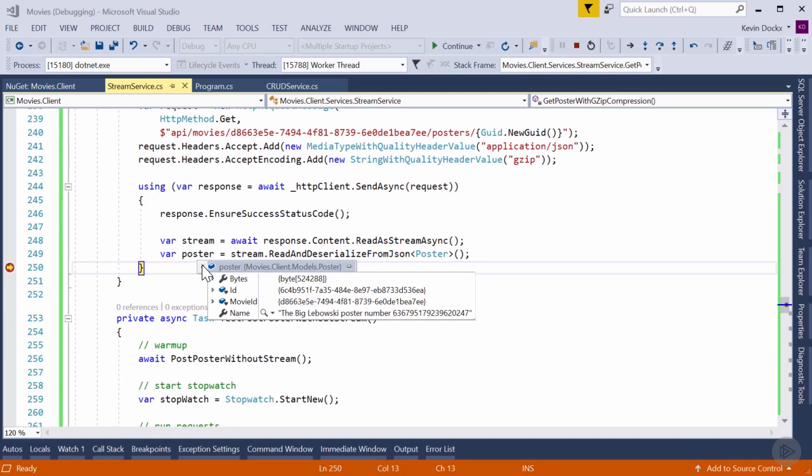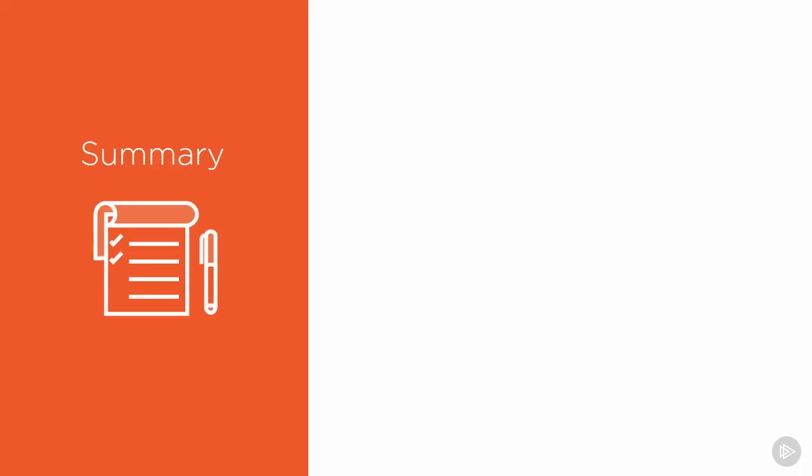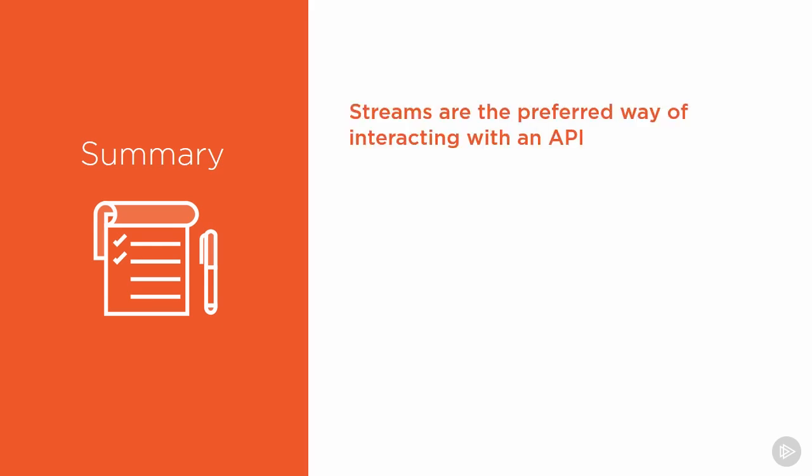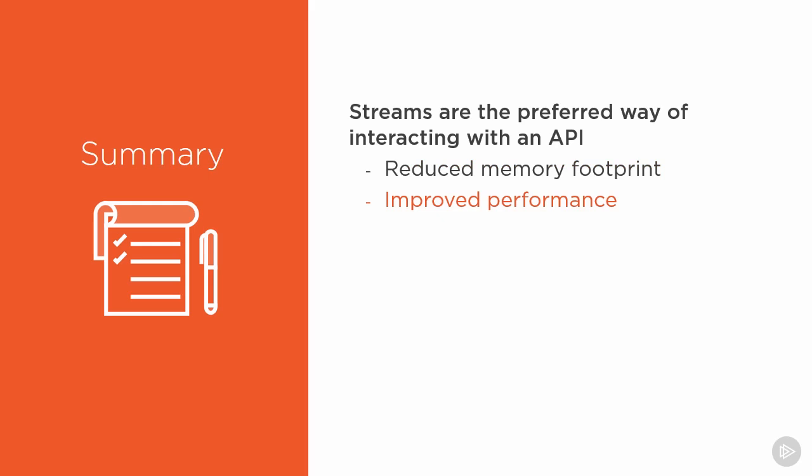Let's have a look at the module summary. Streams are the preferred way of interacting with an API through HTTP client. Main drivers behind this choice are the reduced memory footprint and, due to that, performance benefits. We can use streams in different parts of our request-response cycle.